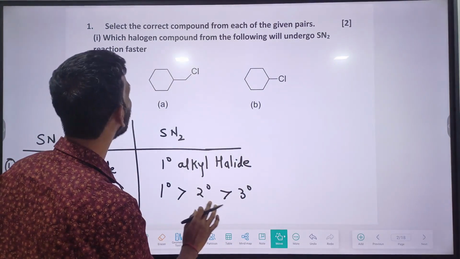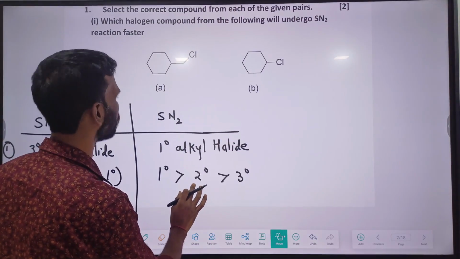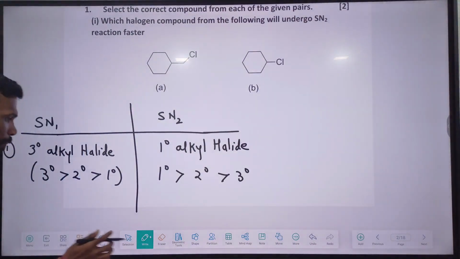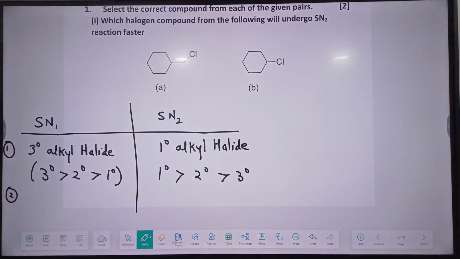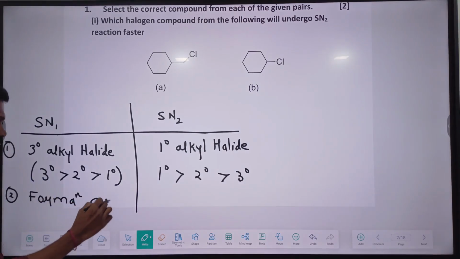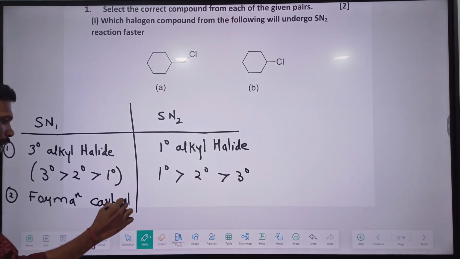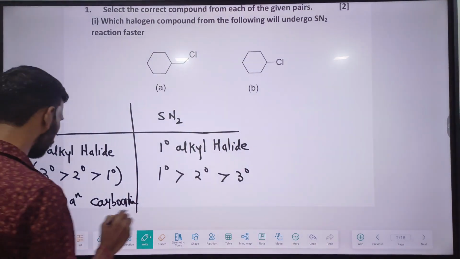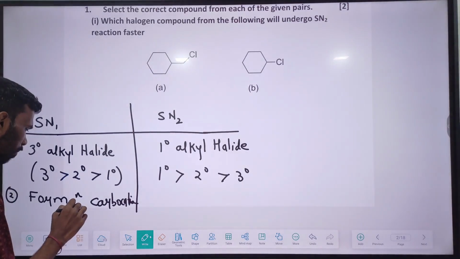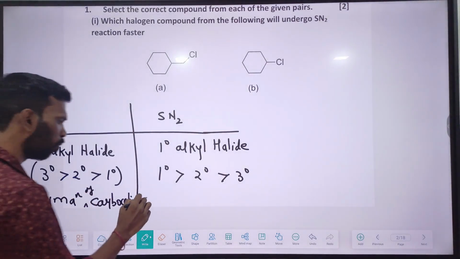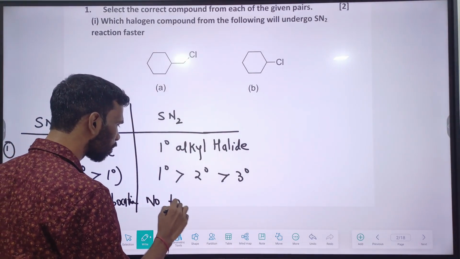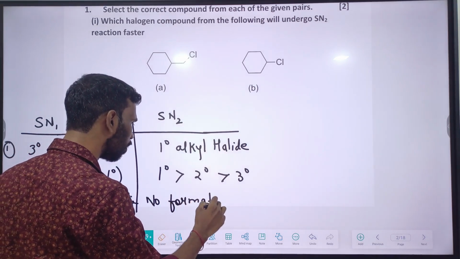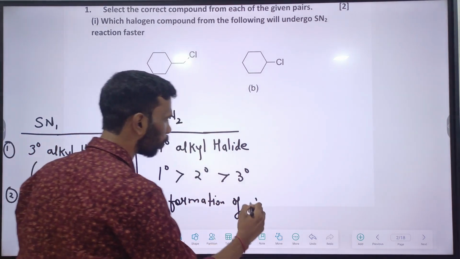The second major difference you should know is that in SN1 there is formation of the carbocation, and here in SN2 there is no formation of carbocation.